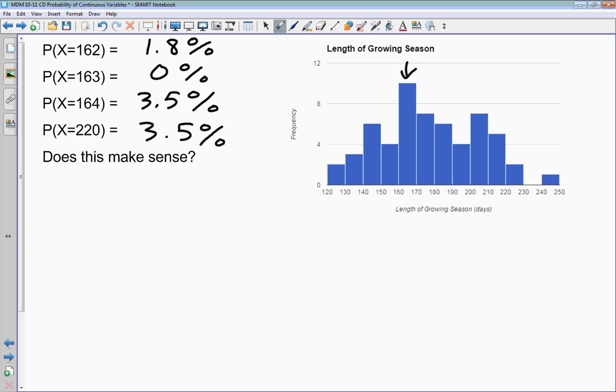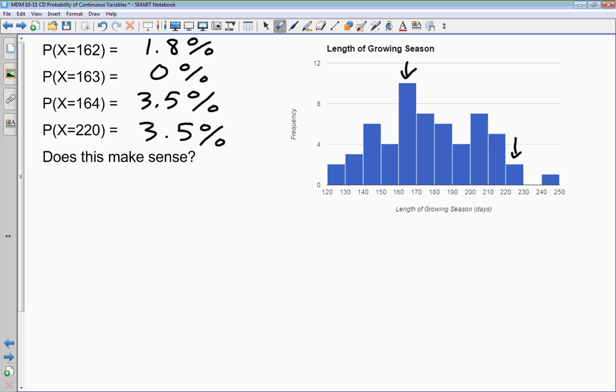You would think that the probability for 163 days would be very similar to the probability of 164 days. And based on the histogram, you would think that the probability for 220 days would be considerably lower than the probability of something between 160 and 170. But this tells us that the probability is exactly the same. So what the heck is going on here?